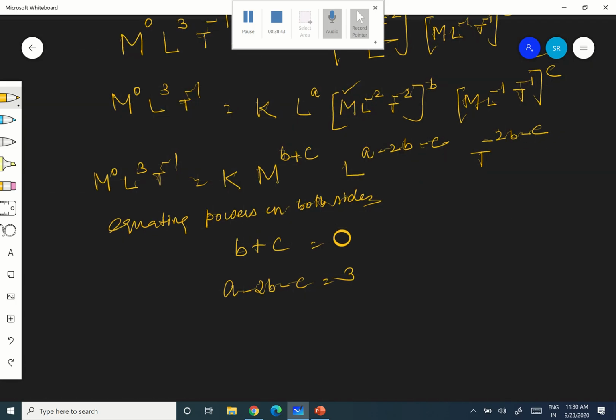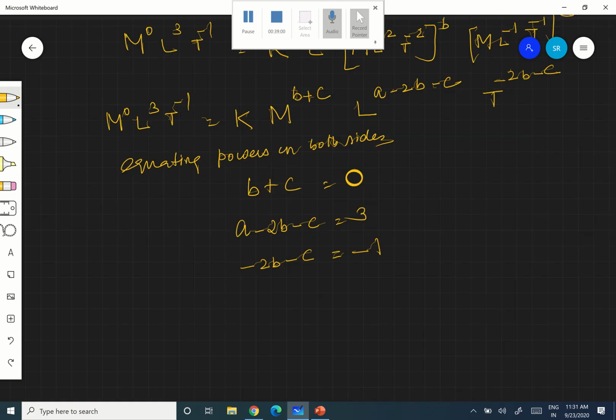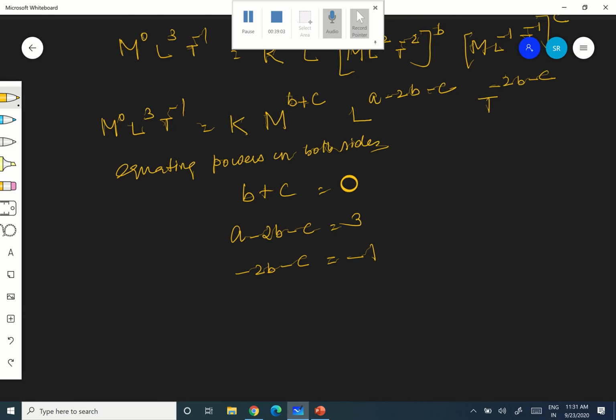Then T power: minus 2b minus c is equal to minus 1. Are you following, children? Is it clear?